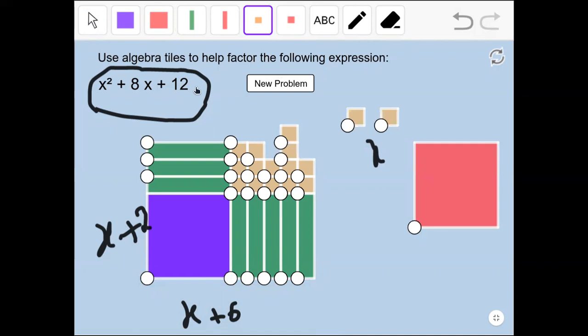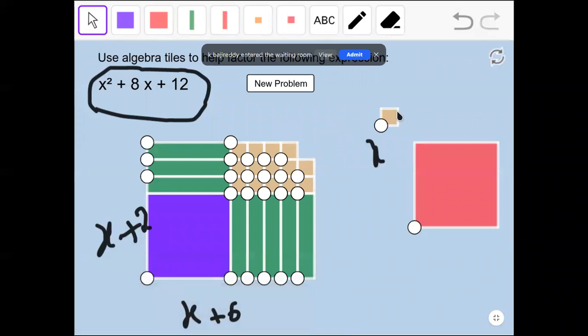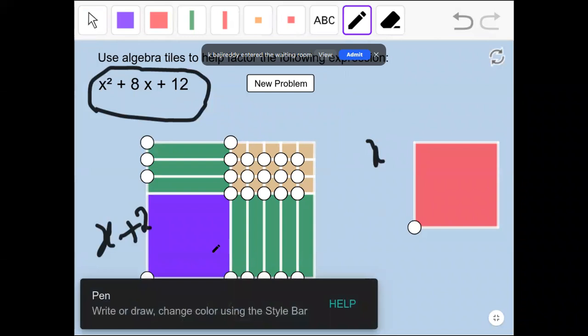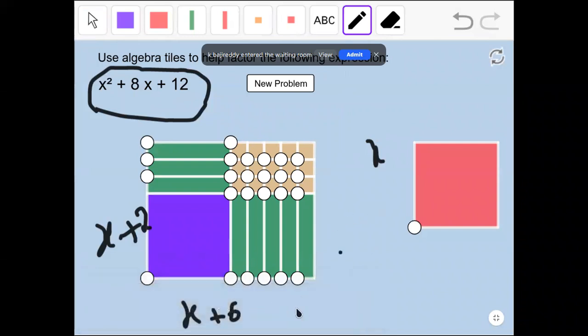But the solution is different. Now what is the solution? Here I am having x plus 5 and here I am having x plus 3.